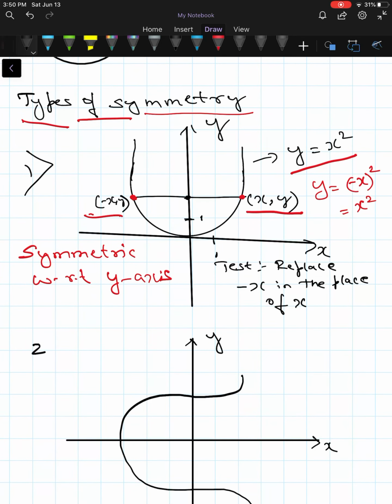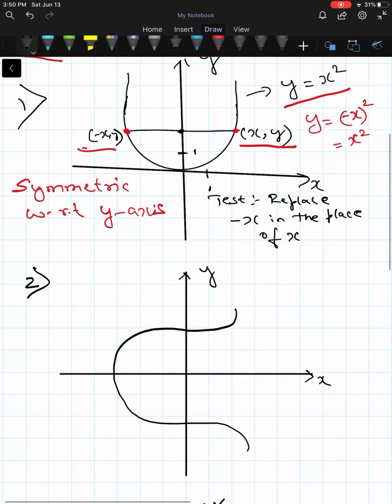Type 2 is where the graph is symmetric with respect to the x-axis. The same thing applies here. If you have a point in the first quadrant, it will be (x, y).